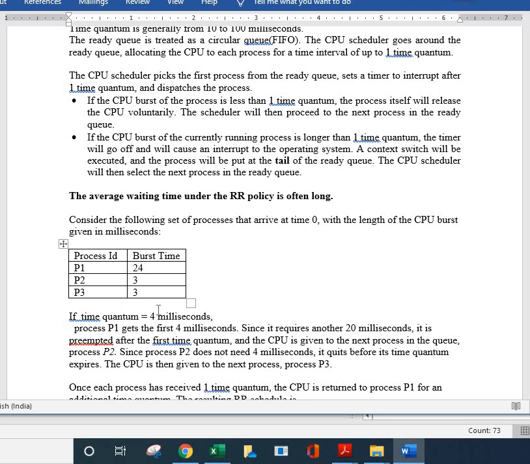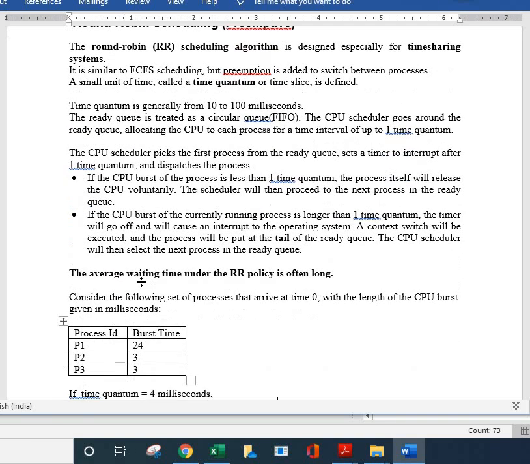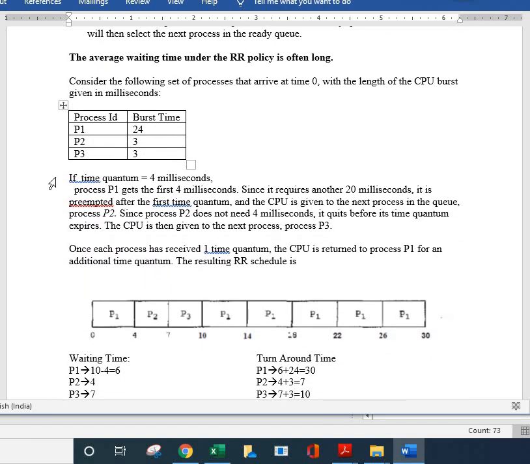The moment 4 milliseconds are over, P1 has to voluntarily give up the CPU, and then P2 will be executing. But since P2 has a burst time lesser than the time quantum, P2 will voluntarily give up the CPU at 3 milliseconds, so that P3 will be executing during the next time quantum.